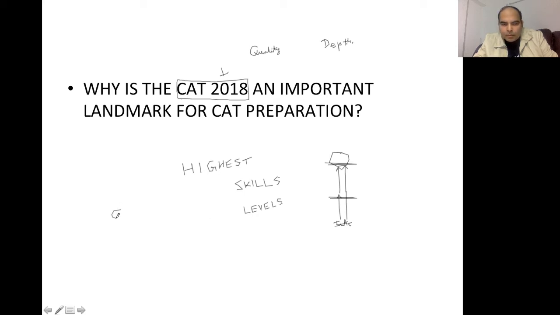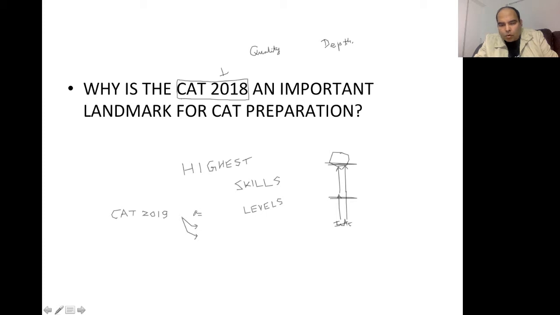And when you talk about CAT 19, it can have three possible outcomes with respect to where it goes in terms of the difficulty level compared to the CAT 18 paper. It remains the same, it comes down one level, or it comes down two levels.